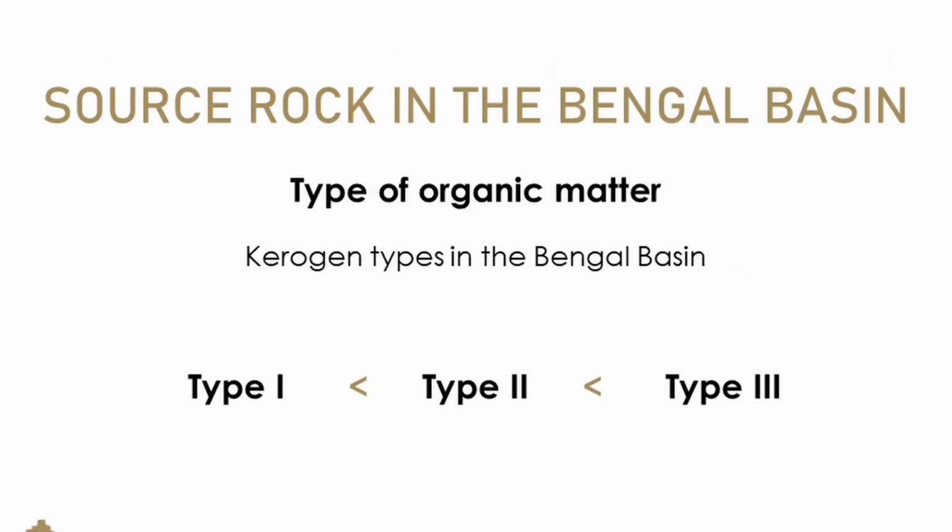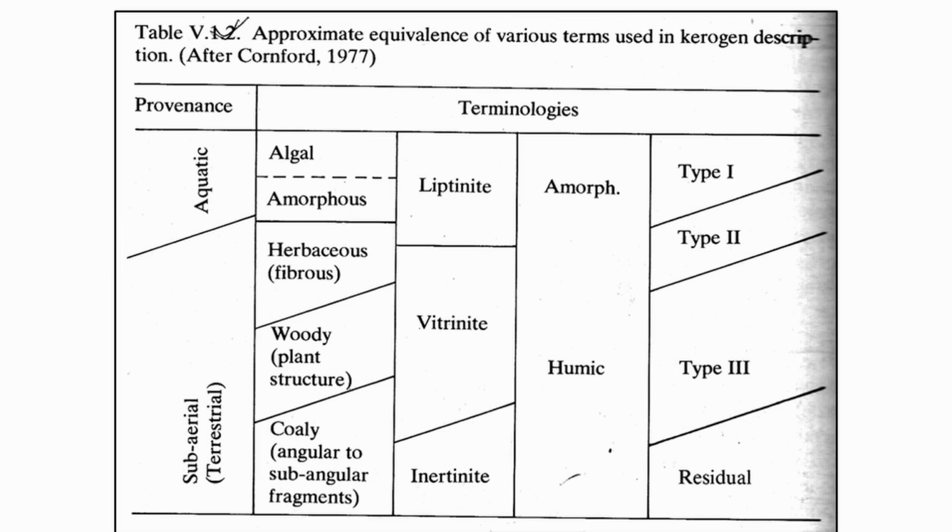The kerogen type in Bengal Basin is mostly type 3. Type 1 kerogen is less in Bengal Basin. In this table, you can see the approximate equivalence of various terms used in kerogen description. Here are liptinite, vitrinite, inertinite, and which type are those explained here.